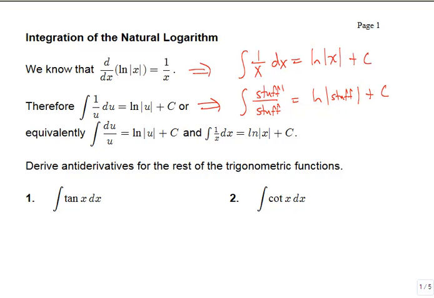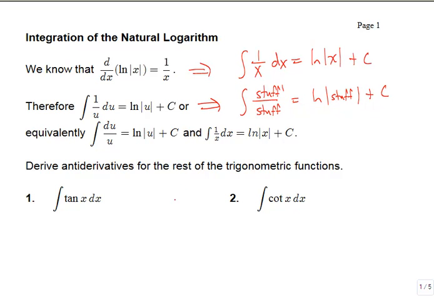So if you have a denominator where the derivative of that is present in the top, so that it fits this pattern of stuff prime over stuff, then that will be the ln of that denominator. Okay, so we're going to use that quite a bit today. So when you see fractions, you want to look for that pattern and see if it fits stuff prime over stuff, and then you'll be able to integrate it right away.